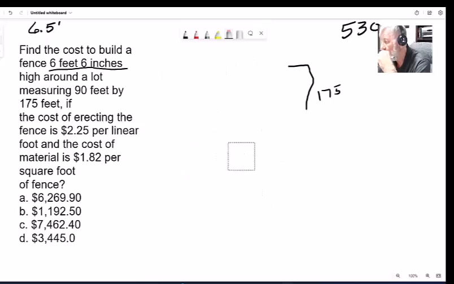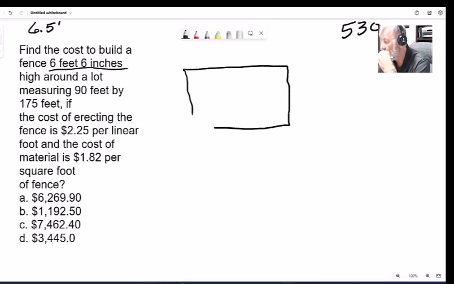So we have 530 linear feet and we have 6.5. Now I'm going to draw another picture here, and I want you to imagine that this is the fence you're erecting. In other words, I'm looking at this fence on its side. From the top of the fence to the bottom of the fence, it's 6.5 feet.